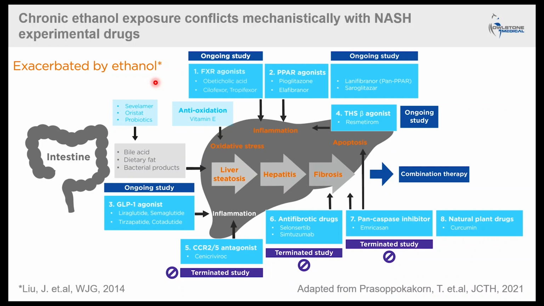For this reason, also, subjects that are enrolled in clinical trials are strictly controlled in terms of ethanol production, and usually they may be tested for how much they have been drinking. However, there are no current tests performed to see how much ethanol these subjects produced in their gut.